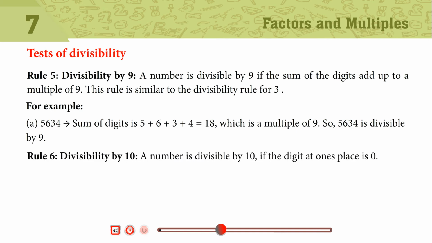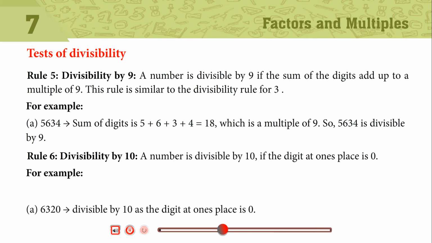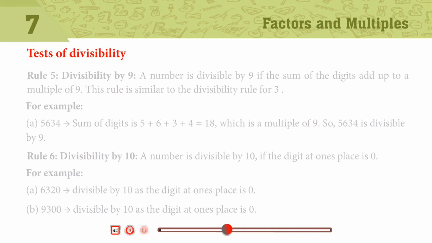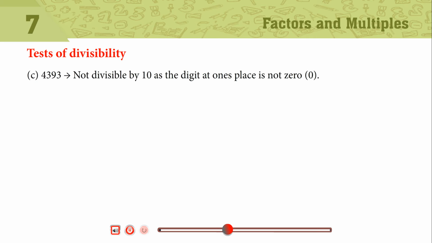Rule 6. Divisibility by 10. A number is divisible by 10 if the digit at one's place is 0. For example, 6320. Divisible by 10 as the digit at one's place is 0. 9300. Divisible by 10 as the digit at one's place is 0. 4393.